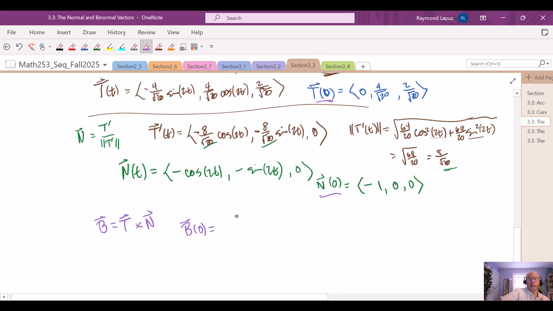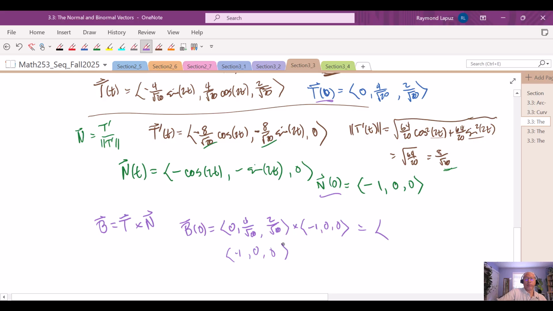So this is going to be the cross product between 0, 4 over root 20, 2 over root 20, cross negative 1, 0, 0.